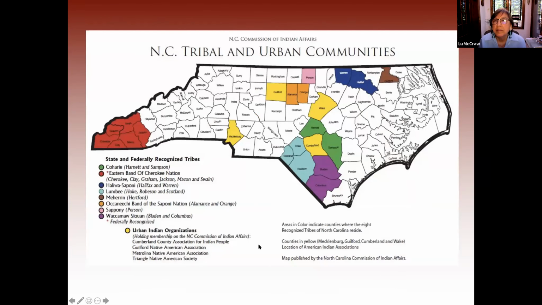We have 10 regions of managers that work in this area. They go out and do presentations, and during COVID it's very different, but they have different presentations, and they'll go out to the different high schools.